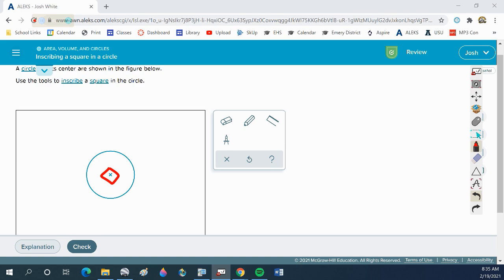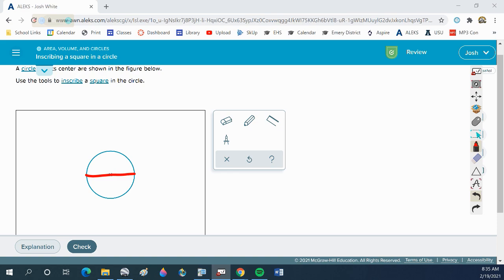When we say inscribe, we mean that the square touches the circle on all four of its vertices. Okay? So, what you need to do first is get your straight edge. Line up your straight edge in such a way that you can draw a diameter of the circle.